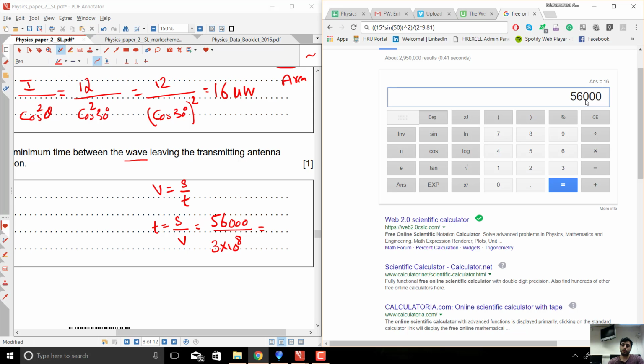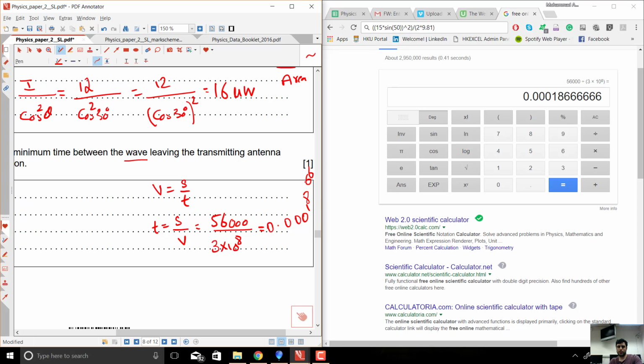56 kilometer is 56,000 meter divided by 3 times 10 to the power of 8, the speed of light. Well, that's pretty quick. This is actually a very short time, 0.0001866. Let me write it again.